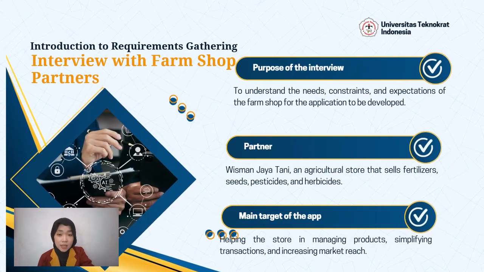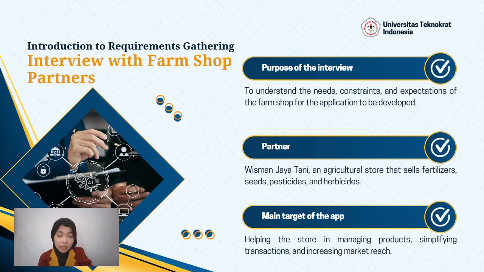Alright, next is Introduction to Requirements Gathering, Interview with Farm Shop Partners. Here we have 3 points. First is the purpose of the interview, to understand the needs, constraints, and expectations of the farm shop for the application to be developed. Second is the partner.